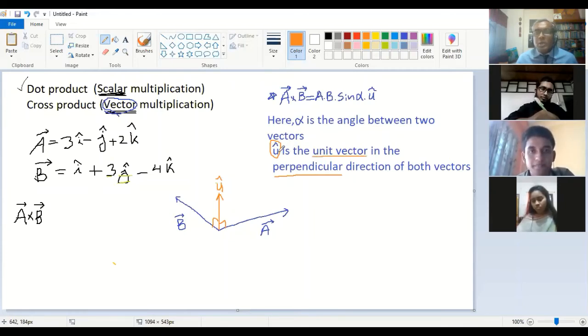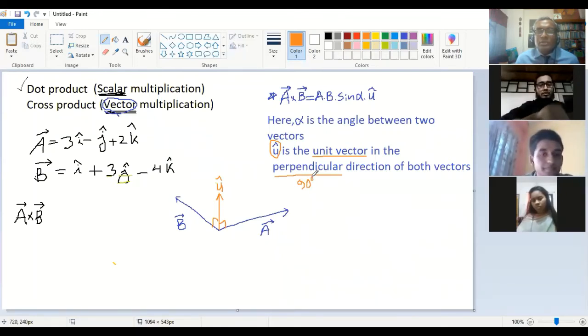But the direction will be such that it is 90 degrees with both A and B.